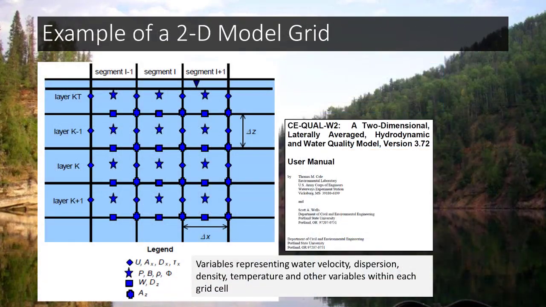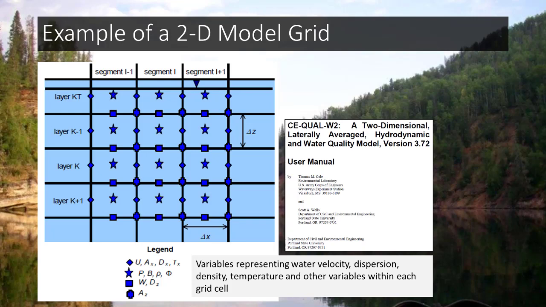Another type of model domain, so this is a 2D model grid. This is another lake model, looking at it from the side. What this does is it breaks the lake up into little tiny cubes, and what this is showing is what the model is actually calculating at each point in the little cube of space.